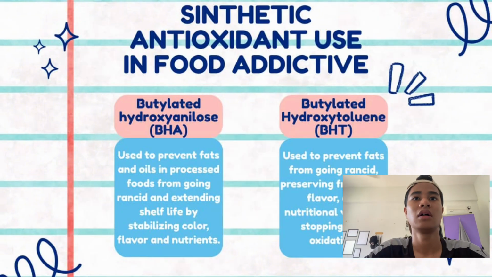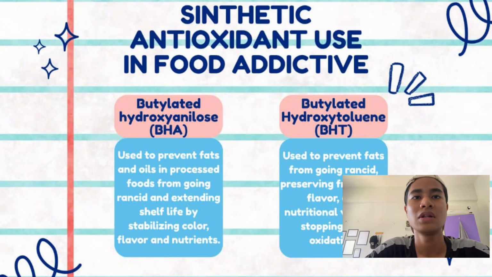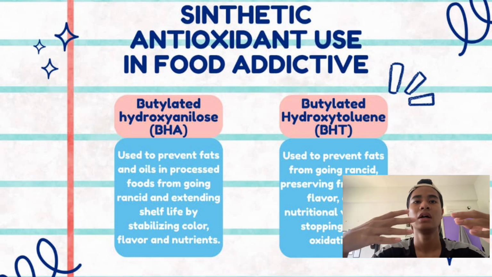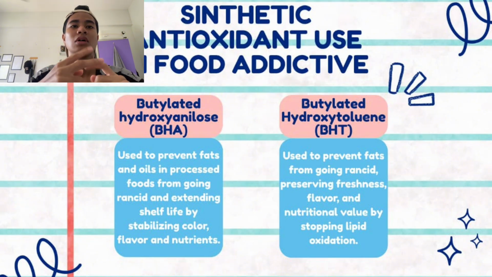The next is synthetic antioxidants used in food additives. Number 1 is butylated hydroxyanisole (BHA). BHA is used to prevent fats and oils in processed foods from going rancid and extends shelf life by stabilizing color, flavor, and nutrients. Number 2 is butylated hydroxytoluene (BHT).